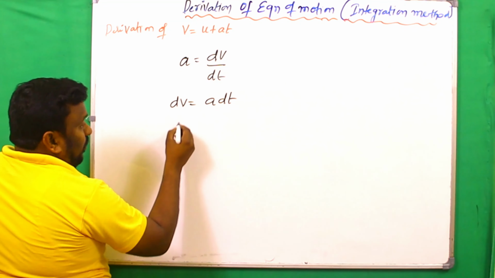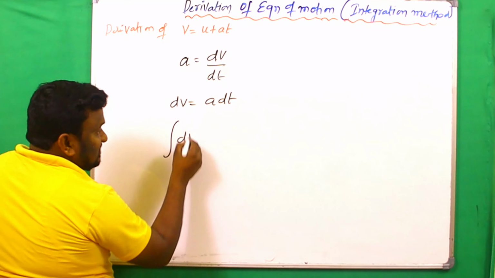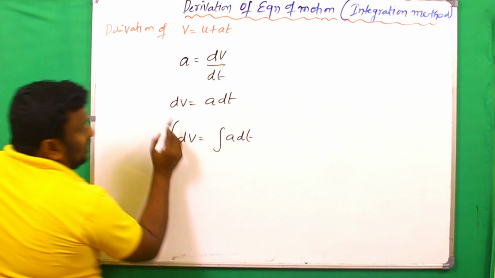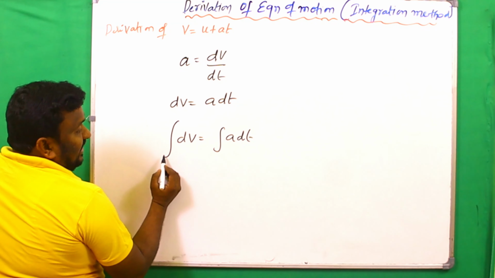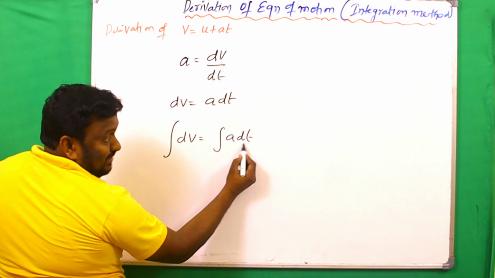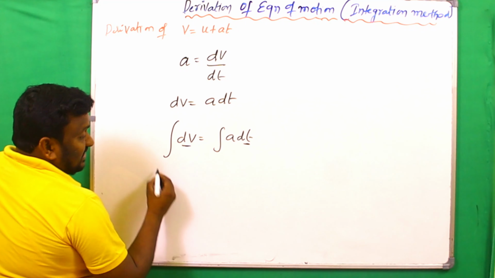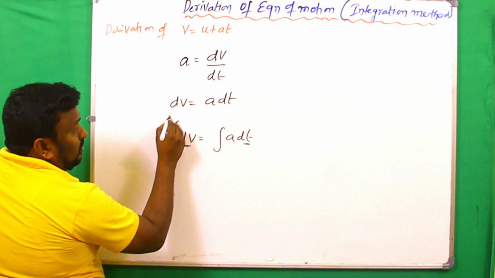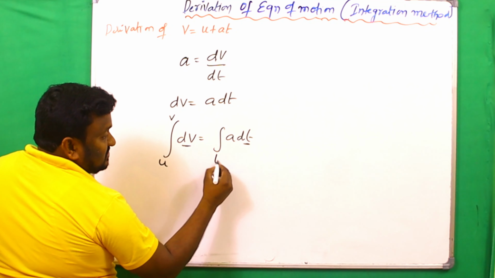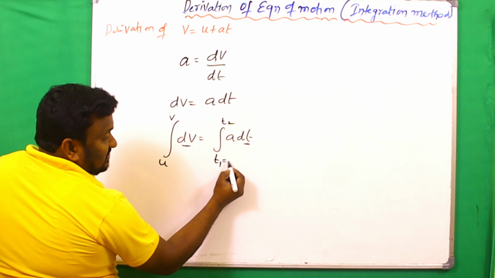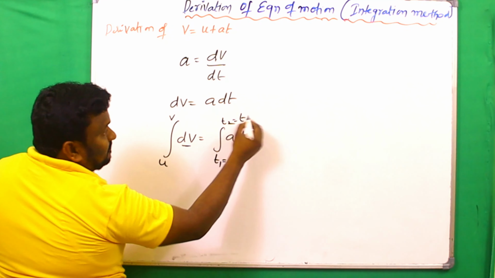So we have to integrate on both sides. Here we are integrating dv with respect to velocity, and here with respect to time, dt. That's why the limits are u and v, and t1 and t2. You may take t1 as 0 and t2 as t.